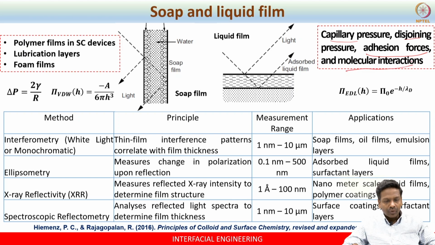For that, what we need to do first is understand the film thickness. Once you know that, you can plug these values into the respective equations, and you can calculate the capillary pressure or disjoining pressure, van der Waals forces of attraction or electrical double layer interaction by knowing the film thickness.